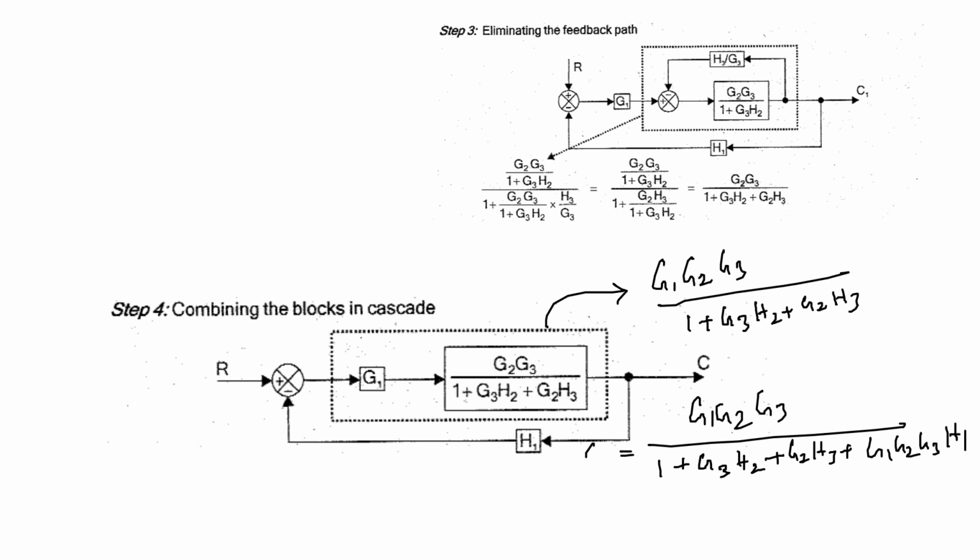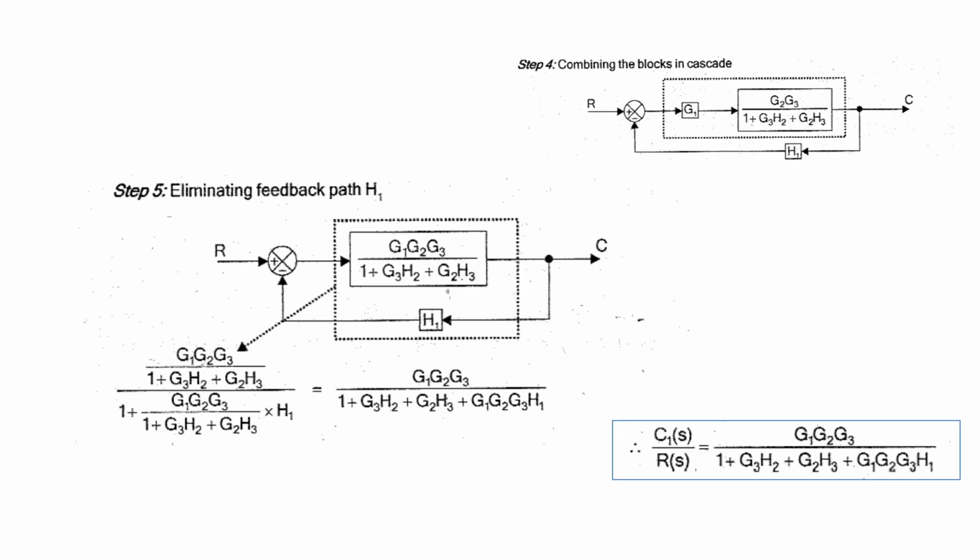So this is your C by R for the first station, considering the second station's input to be 0. So C1 of S divided by R of S is equal to G1 G2 G3 divided by 1 plus G3H2 plus G2H3 plus G1 G2 G3 H1. So case 1 is over.